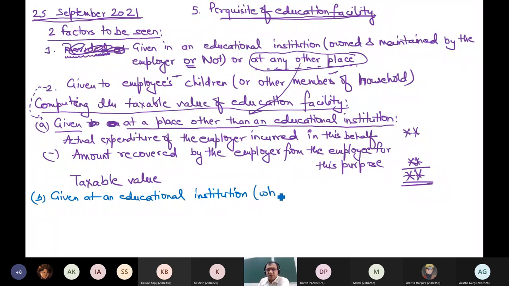Now, this institution can be owned and maintained by the employer or not, doesn't matter.